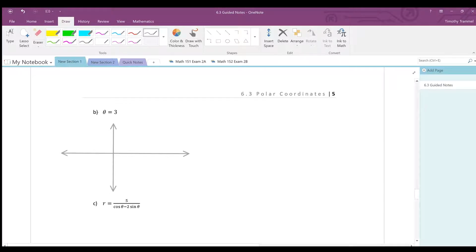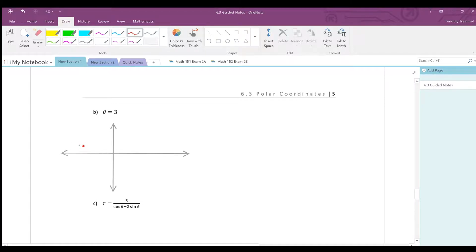Okay. But if you were to think about this, this right here is about 3.14 radians. If we rotated from the positive x-axis to the negative x-axis, that's about 3.14 radians. So 3 radians would be some angle maybe off like this, pretty close to 3.14.